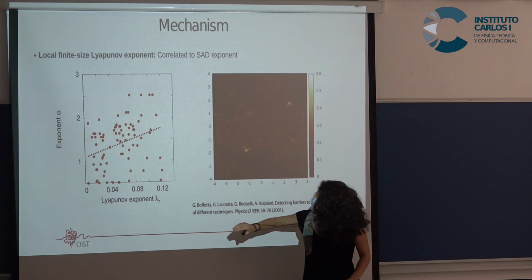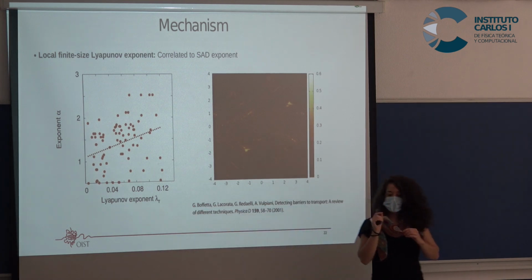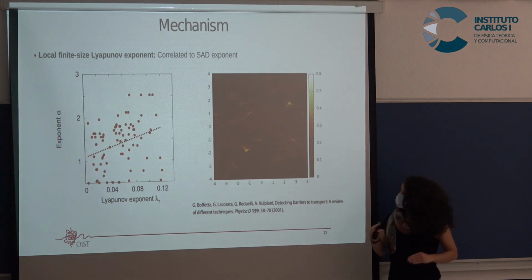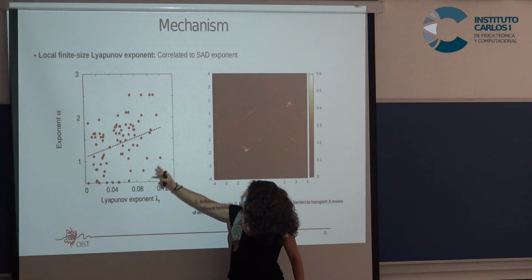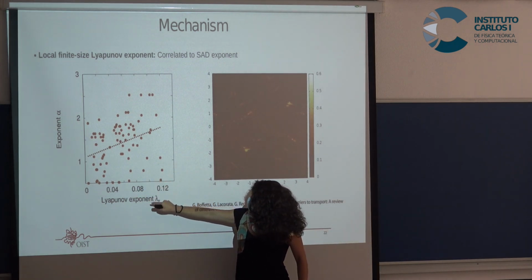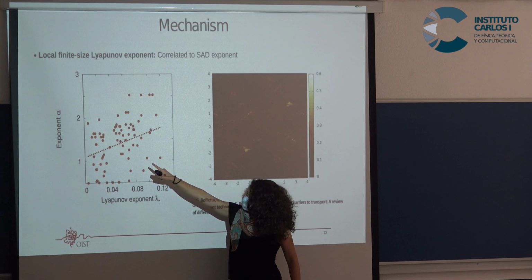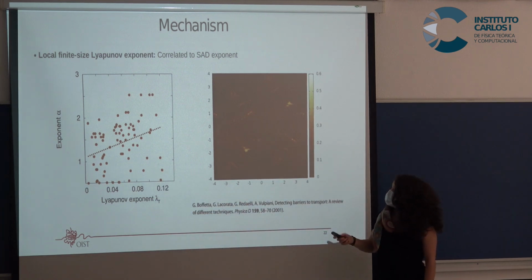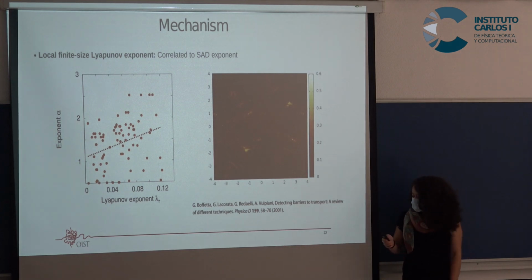So a big Lyapunov exponent says that our sample is more limited in time, in space. And so what we see is that there is a positive correlation. So the higher the exponent of limitation, the higher the exponent of the species abundance distribution. And it has a p-value that is significant. So there is a significant correlation.